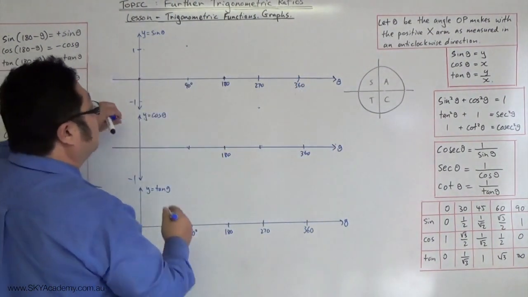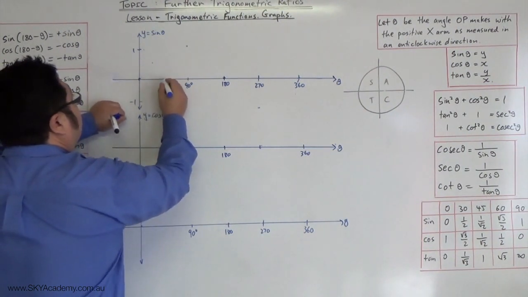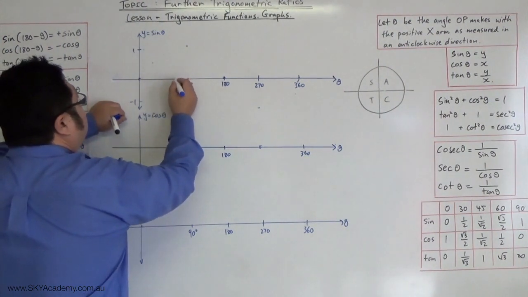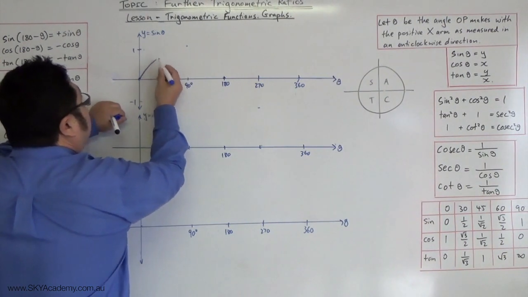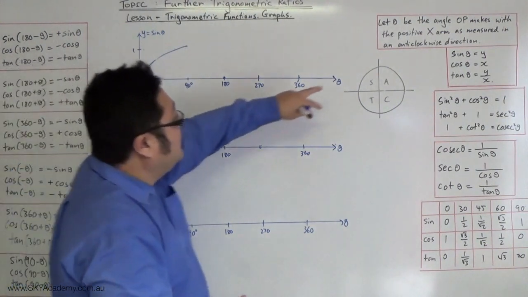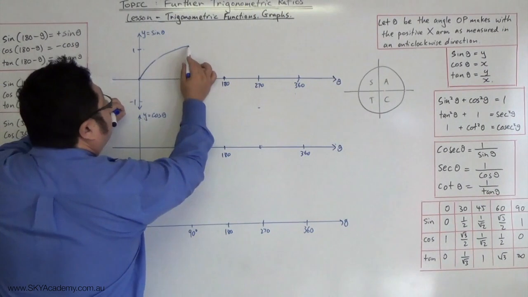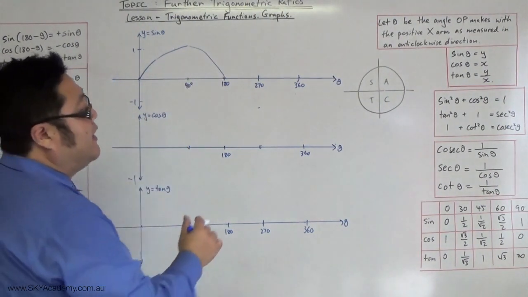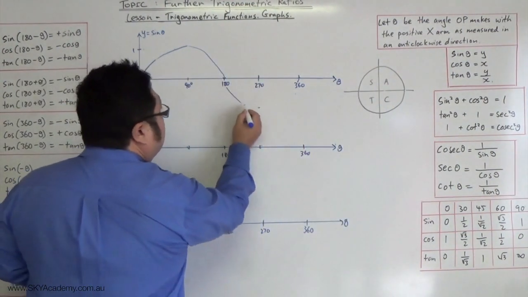The way it's doing that is from 30 degrees it's going up to a half, 45 degrees it's going up to 1 on root 2, and then at 60 degrees it's going to root 3 on 2. So it's curving up like that, and then it's going from positive back down to 0, doing the opposite thing to 180. Then it starts going negative, back up and around.